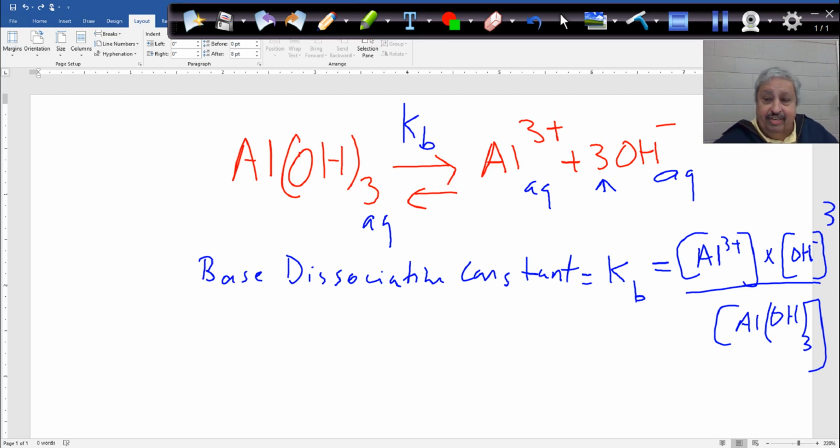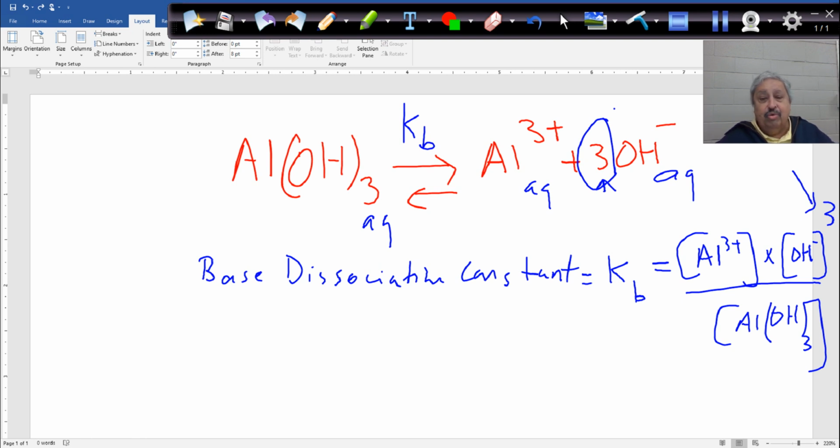You see the 3 came out as a number of moles, as an exponent here. All those are molarities. Those are aqueous, so we kept all the aqueous. If we have a liquid, we take it out. Okay, guys? So that's Kb.